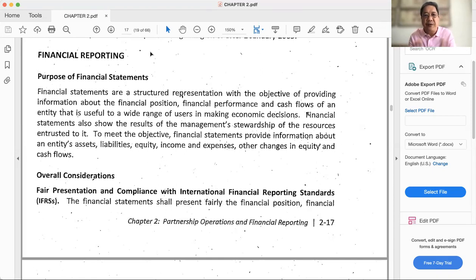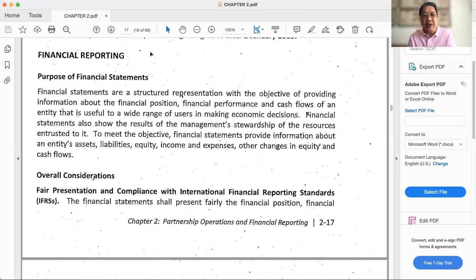No, let me just review a little. Financial statements also show the result of management stewardship and the resources entrusted to it. So pinakikita rin dyan kung paano hinawakan, inalagaan ng management ang resources, ang mga assets, at mga gamit ng kumpanya.